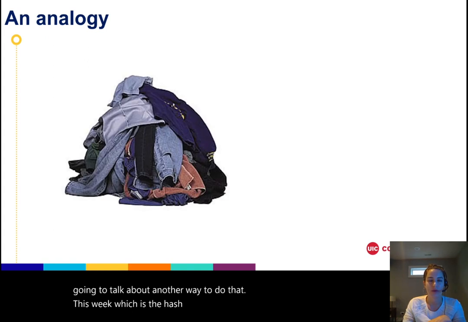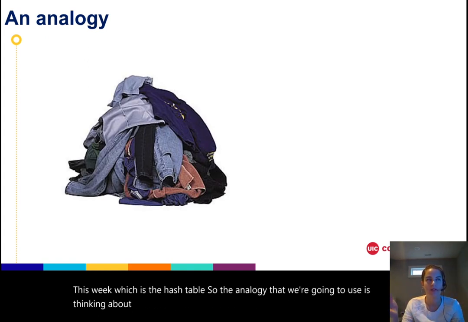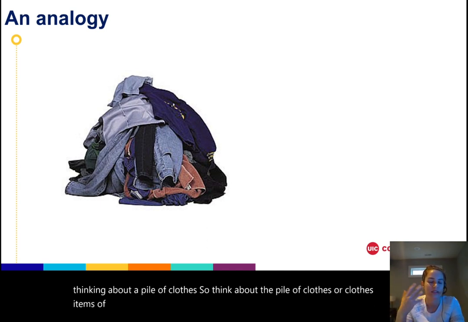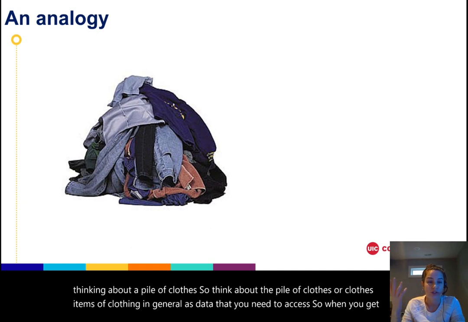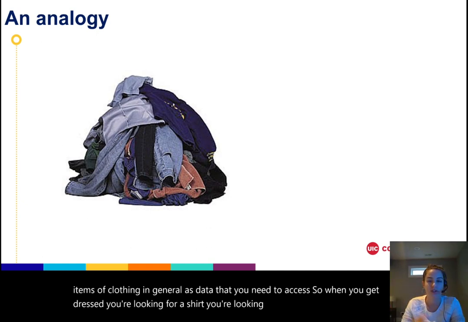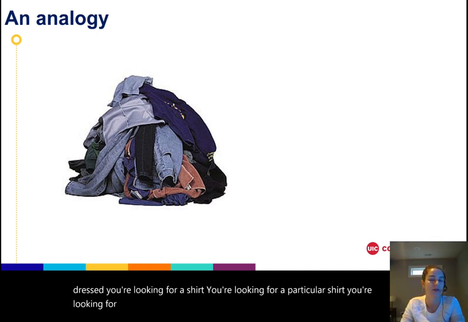The analogy that we're going to use is thinking about a pile of clothes. Think about the items of clothing as data that you need to access. When you get dressed, you're looking for a particular shirt, or a particular pair of socks.